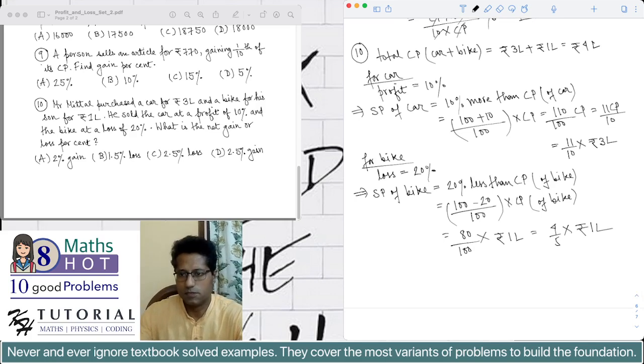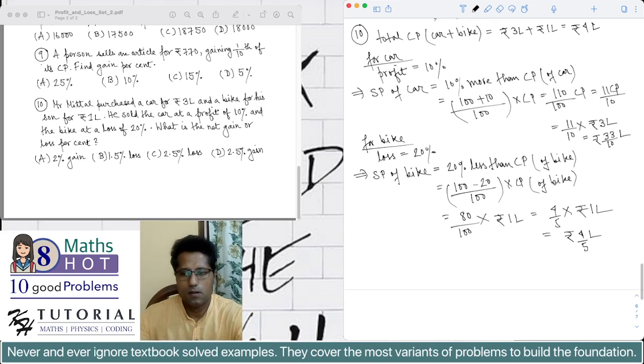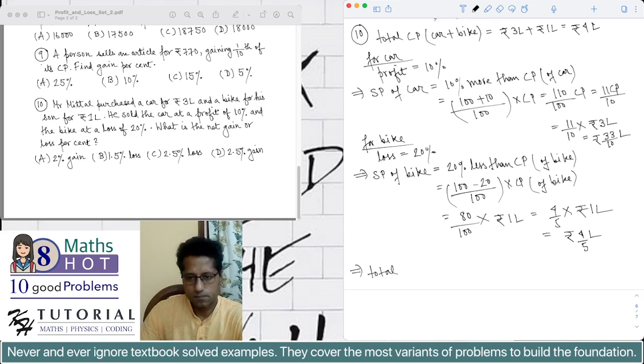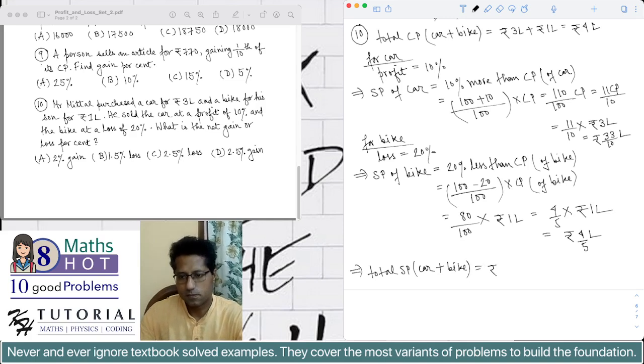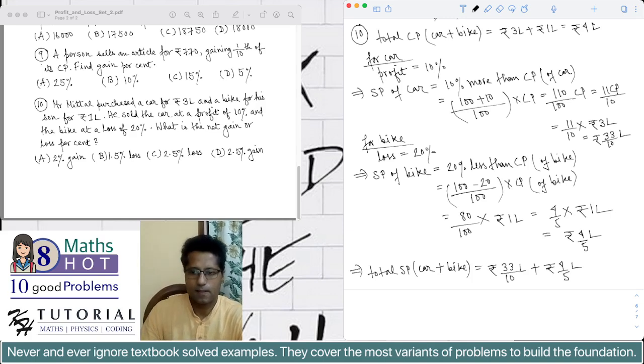So the SP of car becomes rupees 33 by 10 lakh, and the selling price of the bike is rupees 4 by 5 lakh. Therefore, this implies total SP, that is car plus bike, is equal to rupees 33 by 10 lakh plus rupees 4 by 5 lakh.